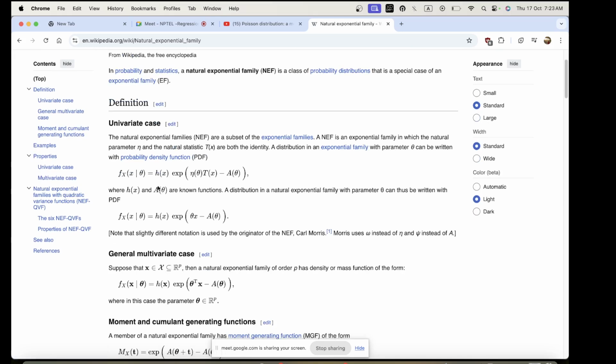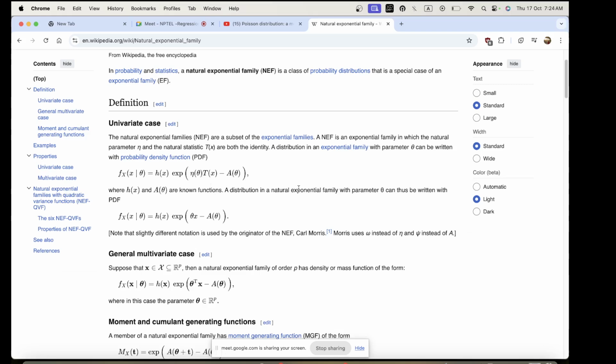Okay, see, what we are using is actually this formula. This is the generalized equation where we have eta(theta) into T(x), where T is the sufficient statistic. Now I don't think we have discussed this here.